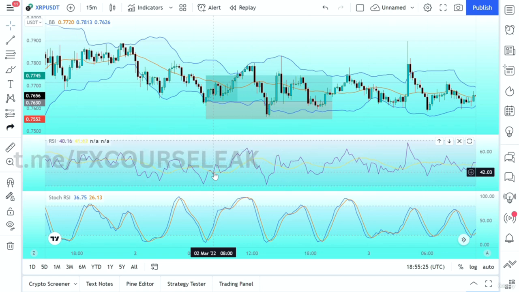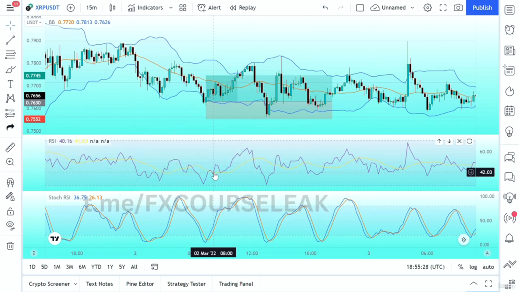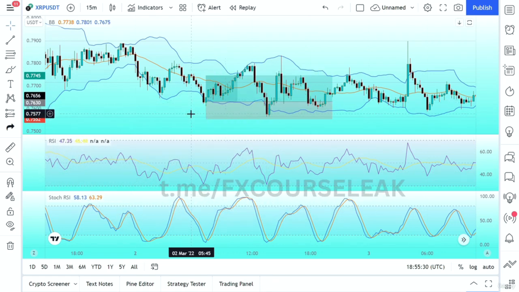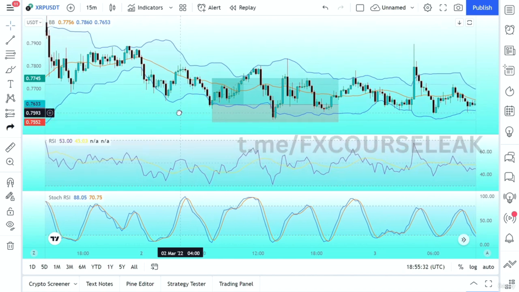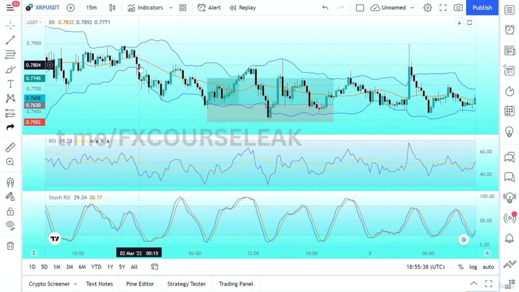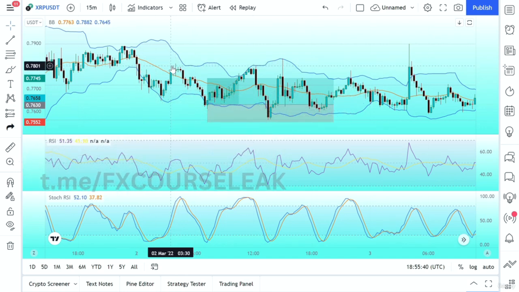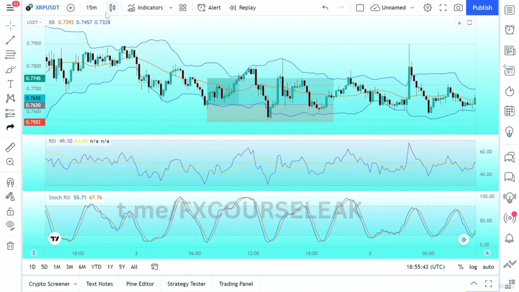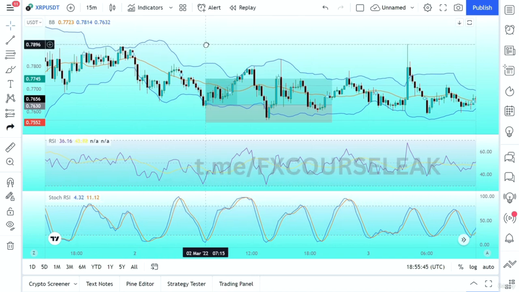That's another way to exit from this scalp trade. Or you can also use the supply and demand concept, which we discussed in detail in our swing trading strategy. You can also use supply and demand on this lower time frame as well.